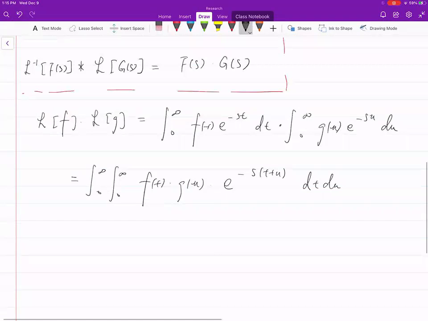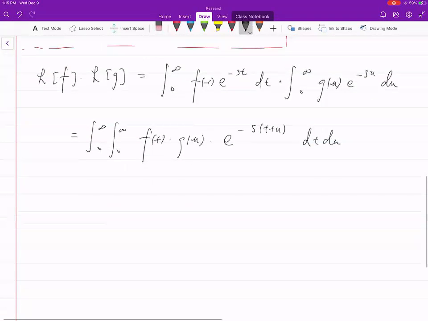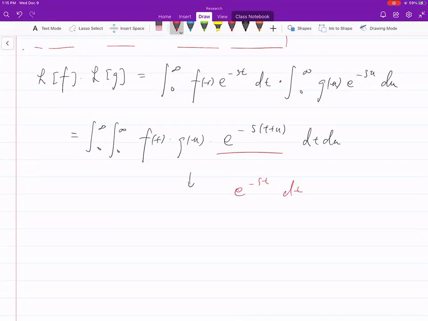Okay. After that, we were hoping this one is going to be a Laplace transform of one function, which means we're expecting this one looks like e to the negative s t dt. For that purpose, we should do a change of variable. We let t plus u equals tau. Therefore, t equals tau minus u.